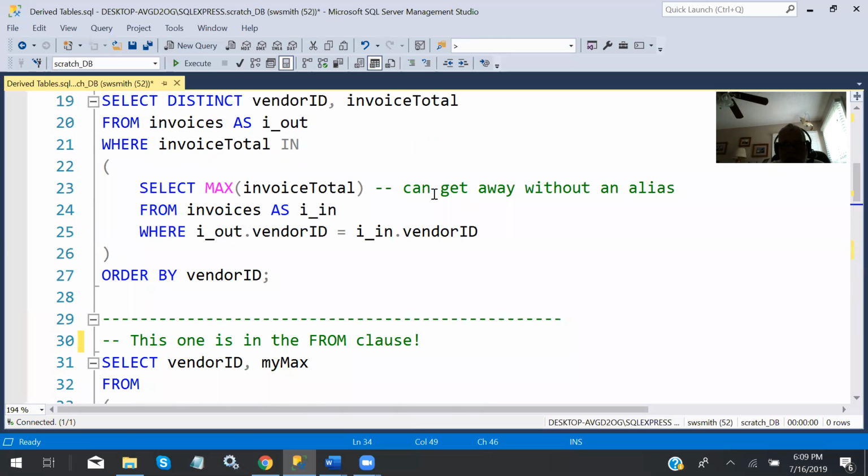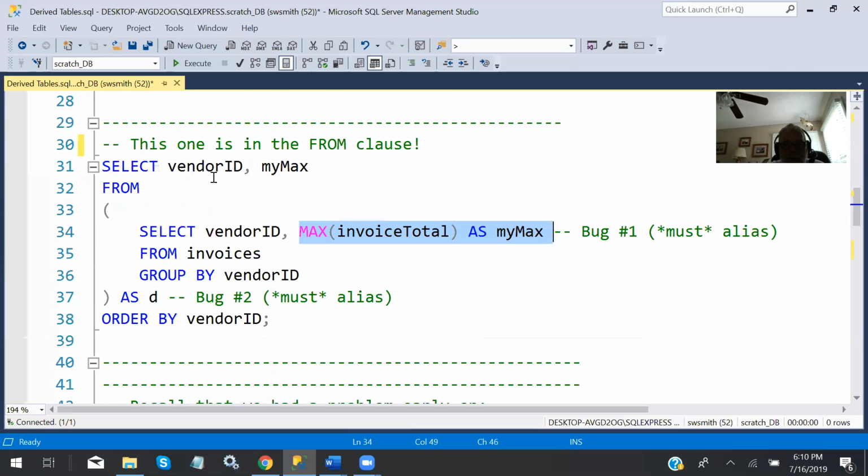This one up here, I can get away without it because it's in the where clause. When it's in the from clause, it has to have a name. Must alias all of these guys. So anything that will show up as an unnamed column has to be named.